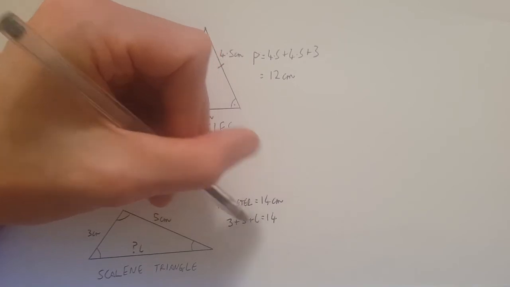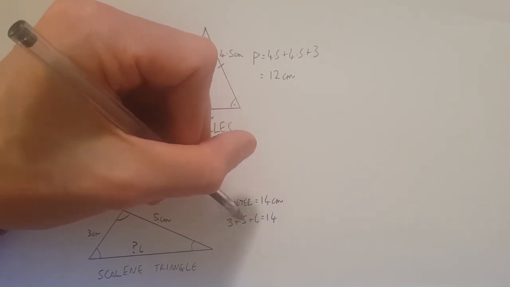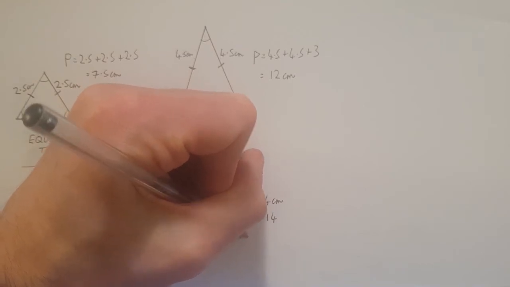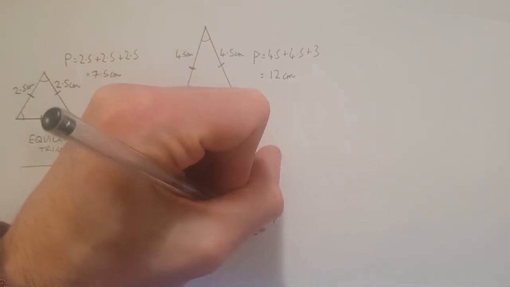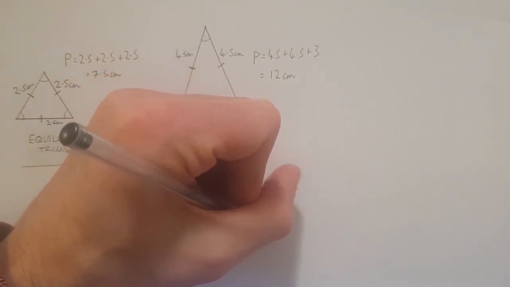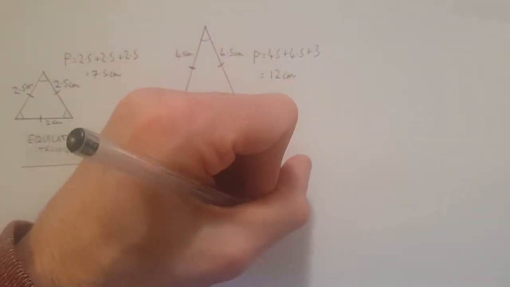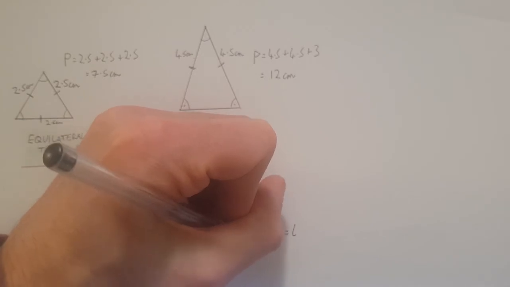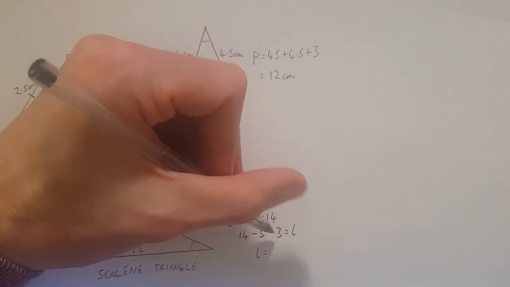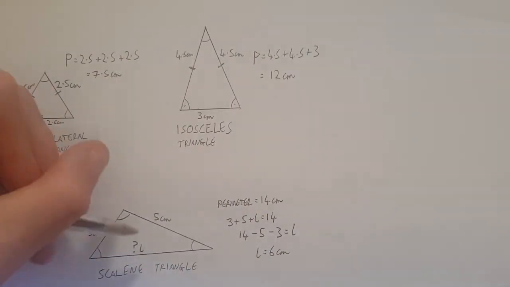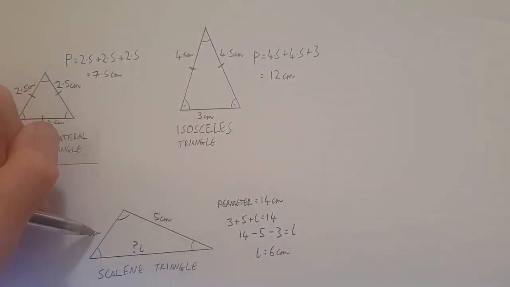So L is the number that we add on to 3 and 5 to get up to 14. Another way we could say it is 14 minus 5 and also minus the 3 is going to give us that length there. So that length is going to be equal to 14 minus 5 minus 3, that's just going to be 6 centimetres. And just to check, 6 plus 5 plus 3 does give us the perimeter of 14.